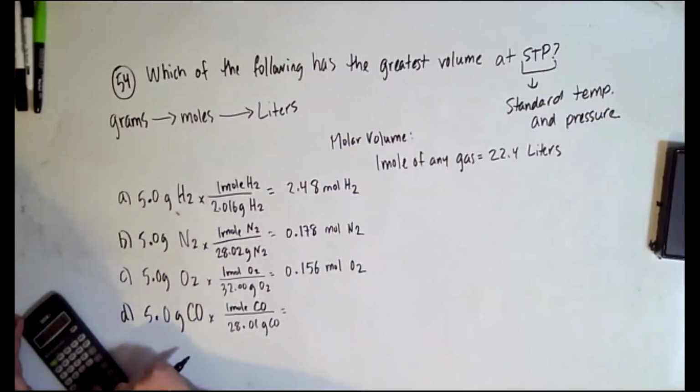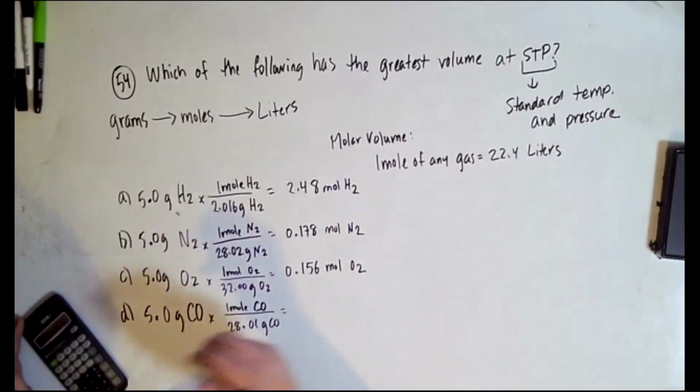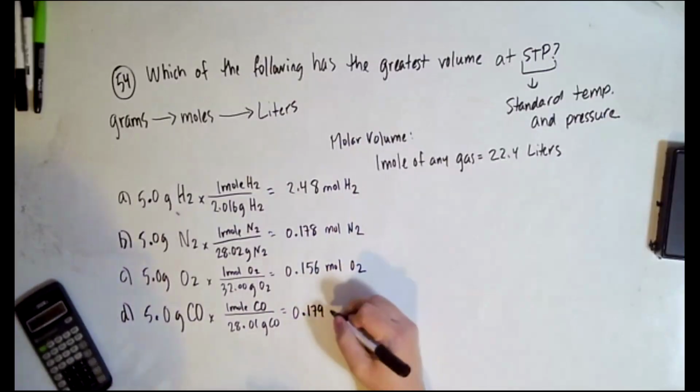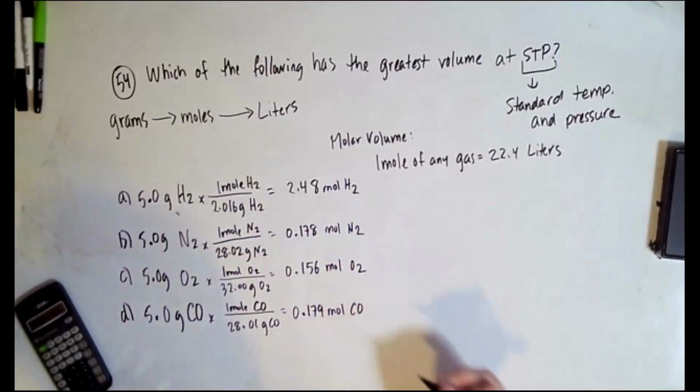And 5 grams of carbon monoxide means I'm going to have 0.179 moles of carbon monoxide.